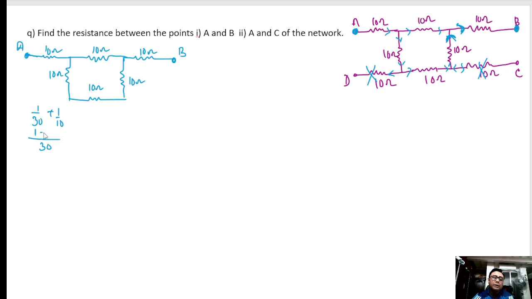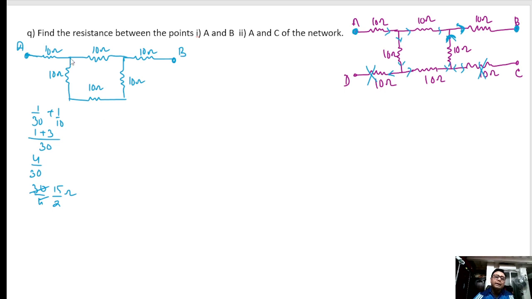So which is 1 plus 3, 4 by 30, so 30 by 4, it is 15 by 2 ohms, right, this part.